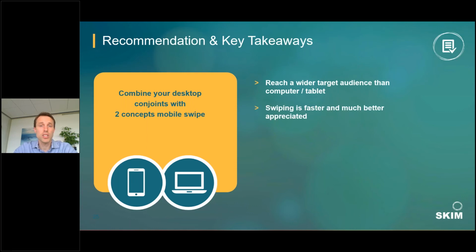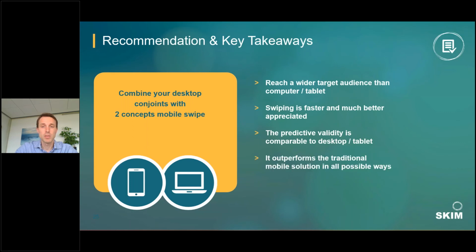The second advantage is that the swiping we're suggesting is faster and much better appreciated than the other types of conjoint research. The third is that the predictive validity of this two-concept mobile swipe is comparable to that of desktop and tablet, so it justifies doing conjoint on mobile phones. And it outperforms the traditional mobile solution in all possible ways, like we just said on the previous slide.